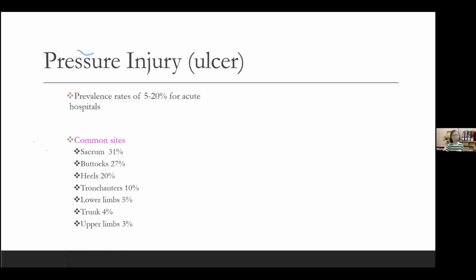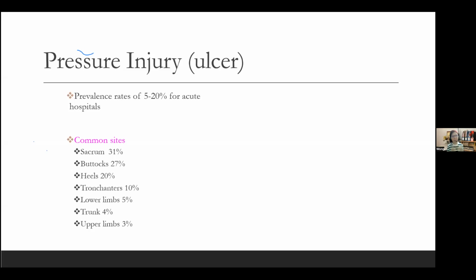The other thing is that for pressure injury, the most common site is the sacrum, 31%, followed by the buttock area. The sacrum and buttock area, because it is the heaviest, and also because of the bony prominence. Also the heels, because a lot of the time if patients are bedridden, they lie down and don't move much.